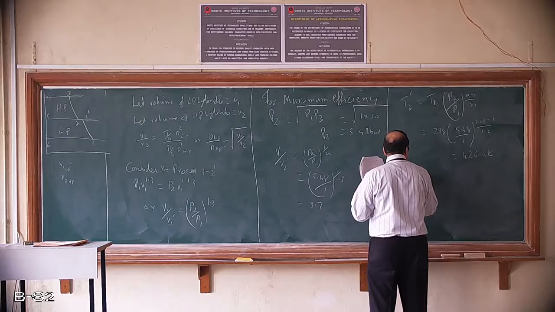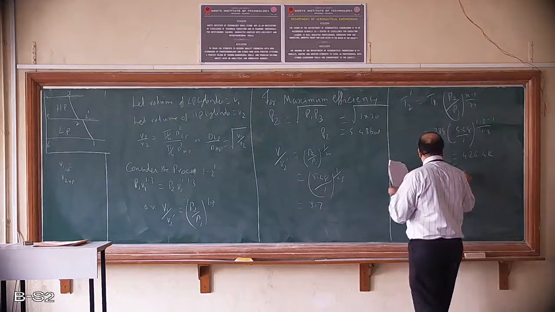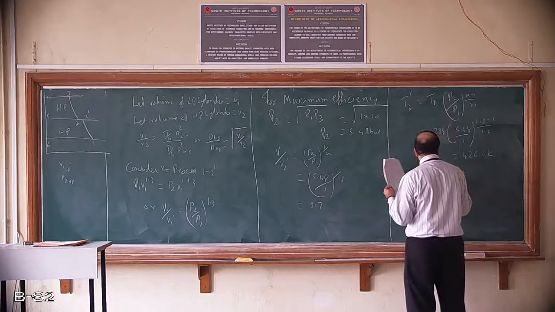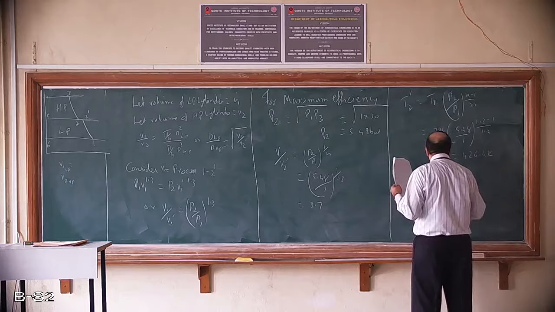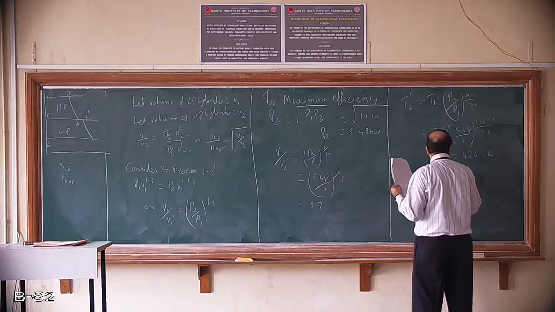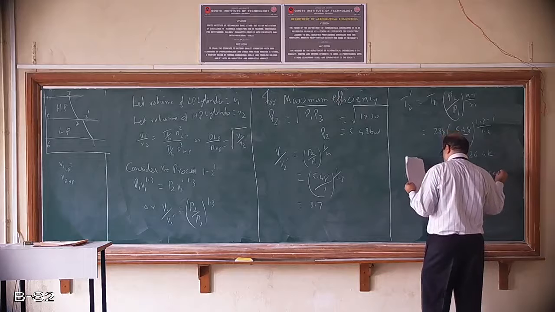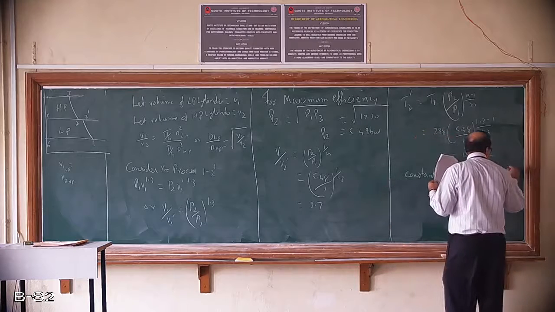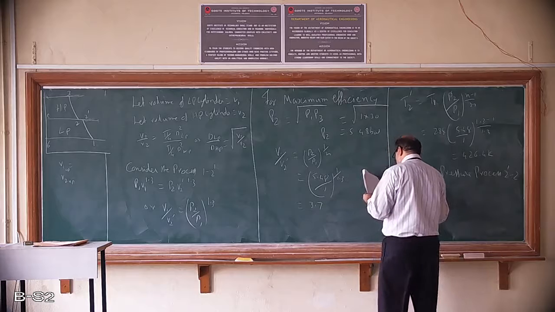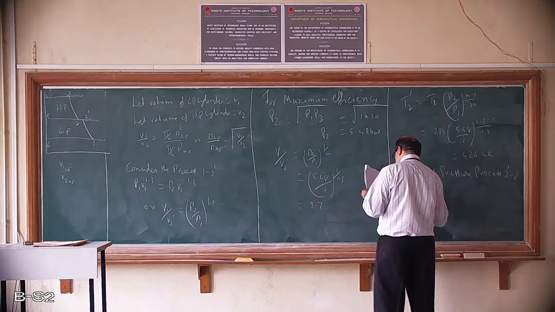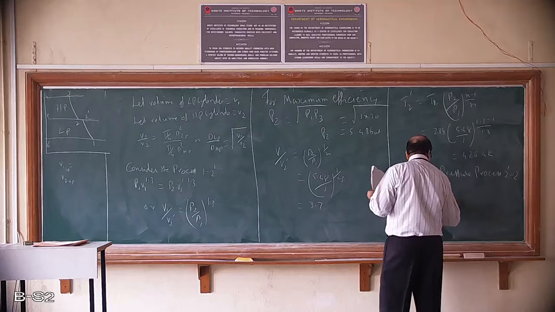Constant process, that is constant pressure process, 2 dash 2. V2 by T2 is equal to V2 dash by T2 dash.